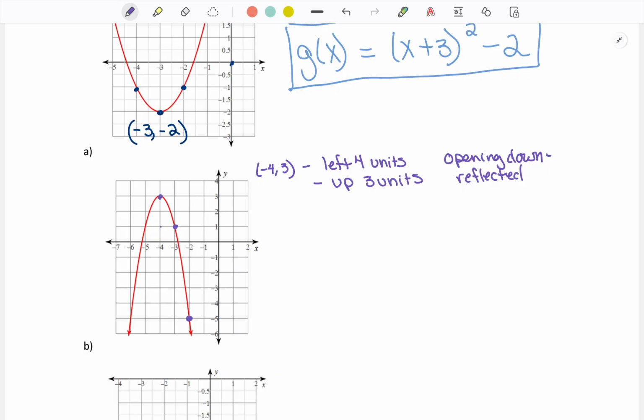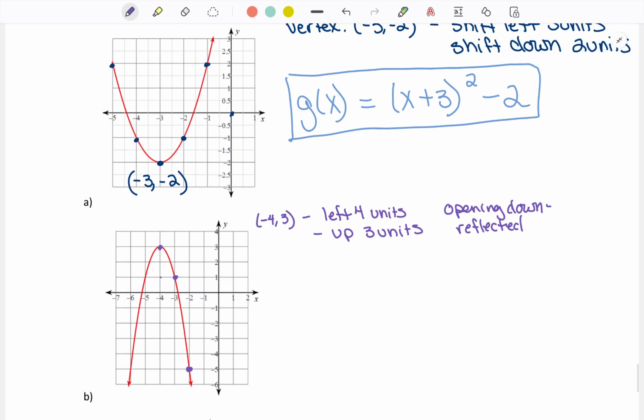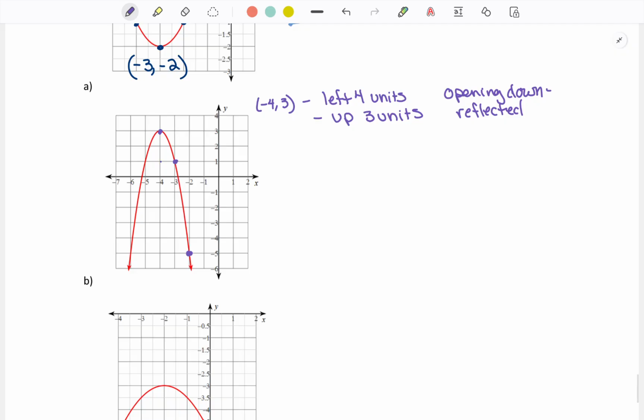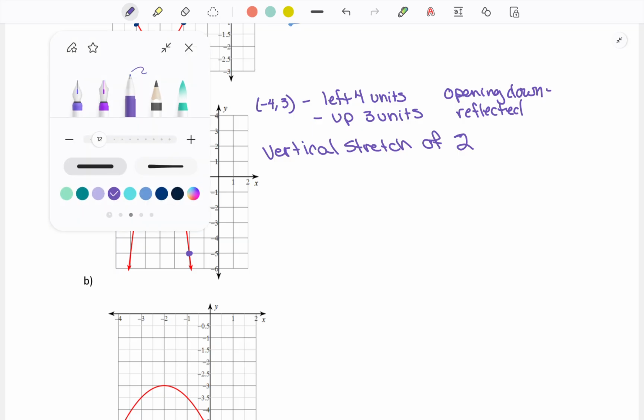And so now we're going down 2 over 1, and then we were going up 3 over 1. This is twice as big. So we have vertical stretch of 2.